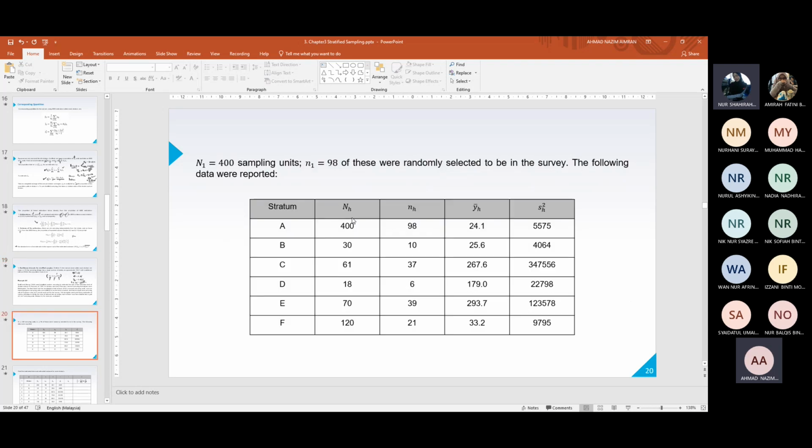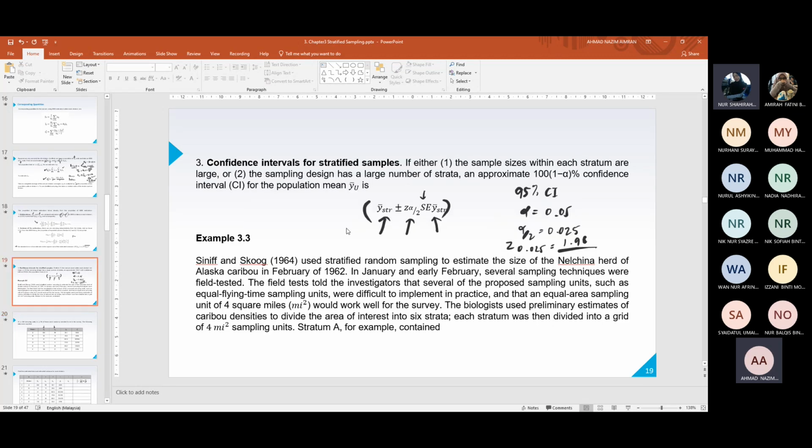Okay, from here, I believe you all have the slide with you, right? So what is the population total here? What is this 400? It is the population size of stratum A. But population of what?